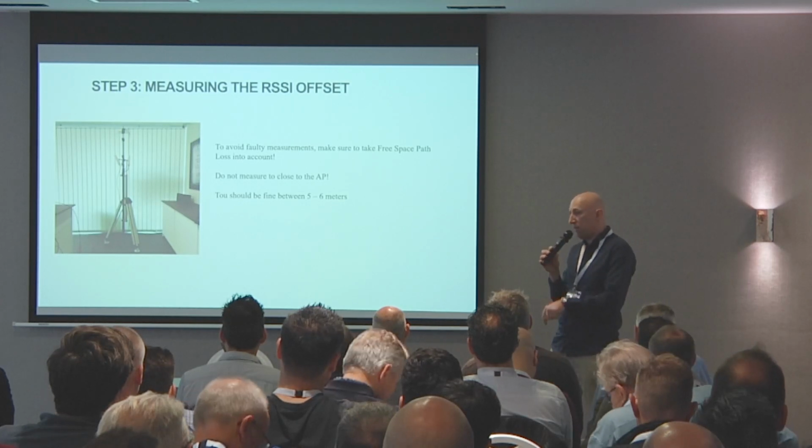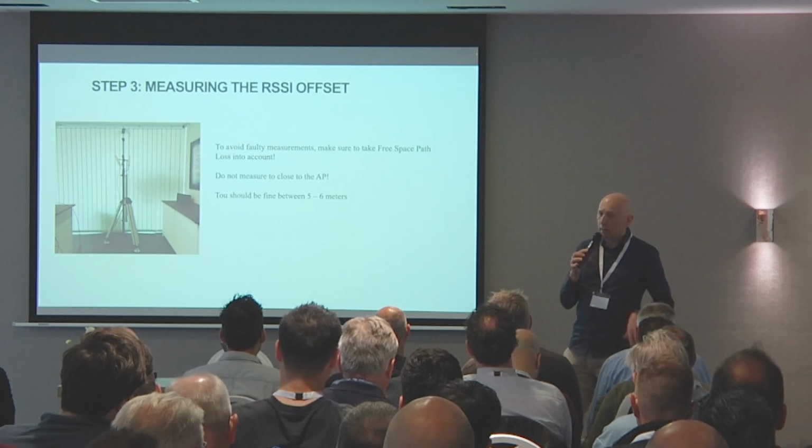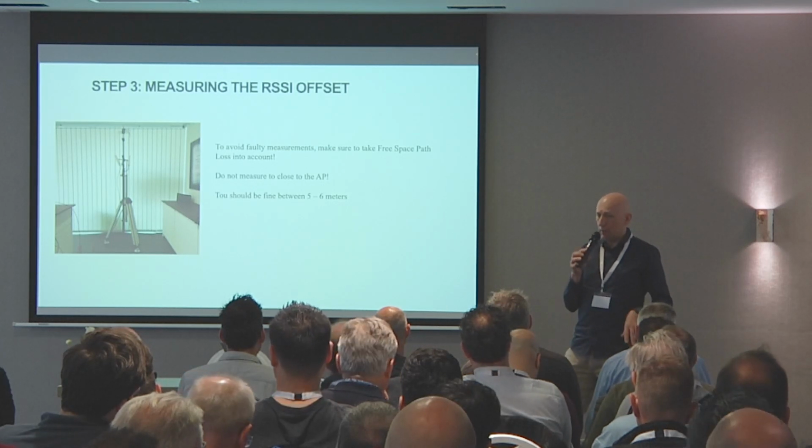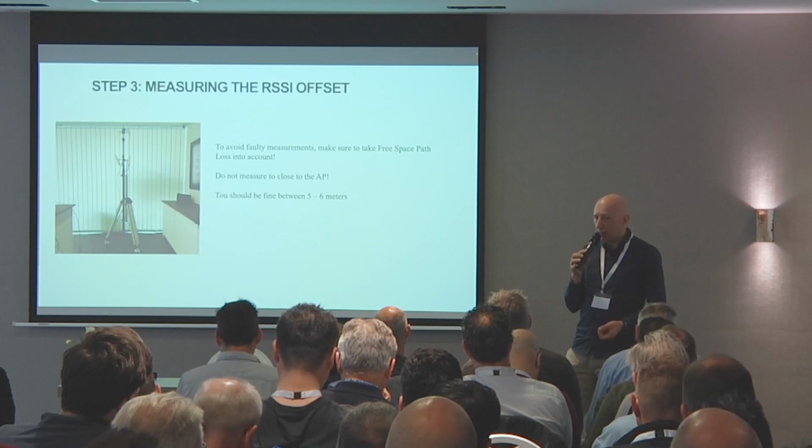If you do it at 5 meters distance with the Sidekick and 5.5 meters with the device that you want to check, it's 0.9 dB. So the offset is quite big if you go too close to the access point, and for me the sweet spot is between 5 and 6 meters.